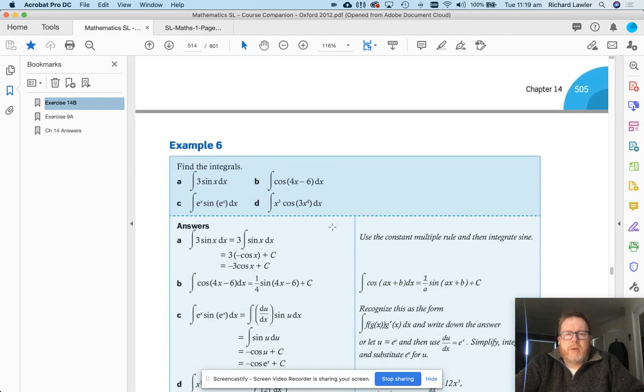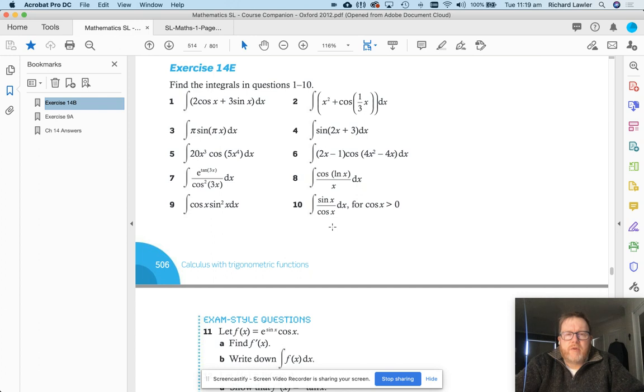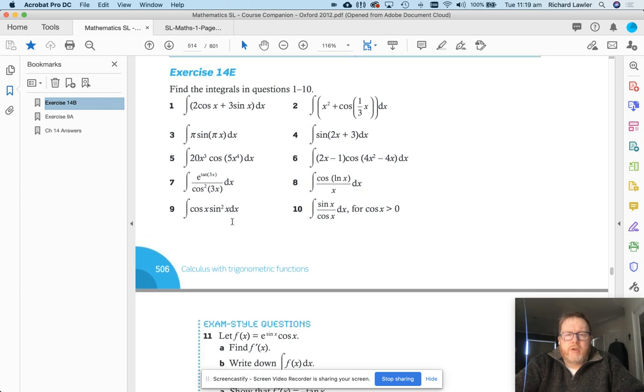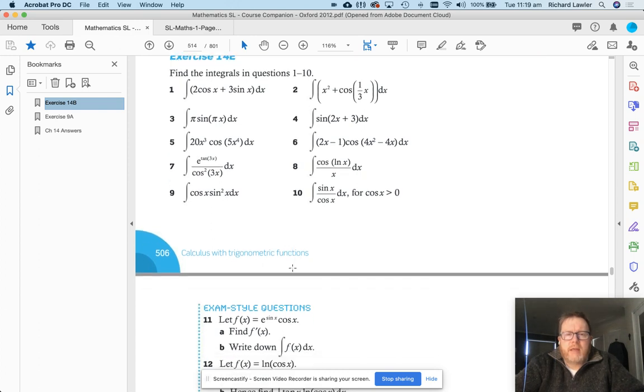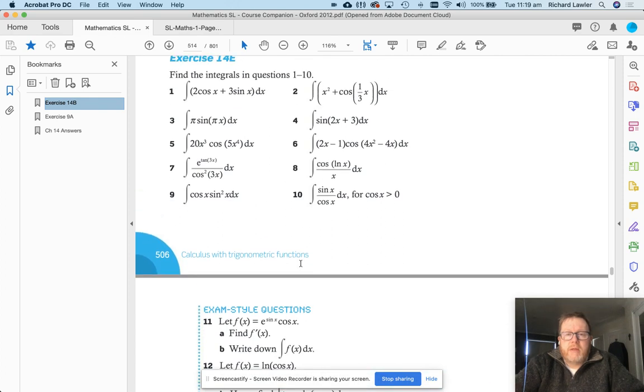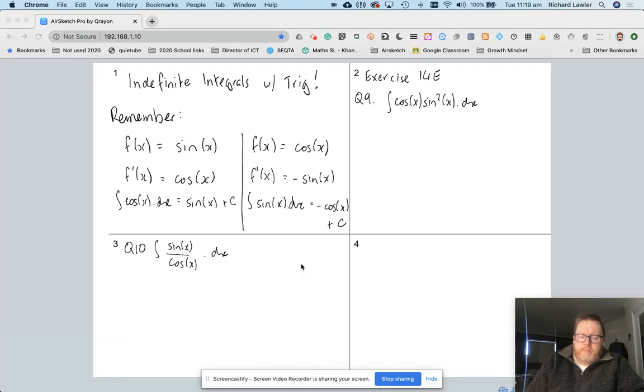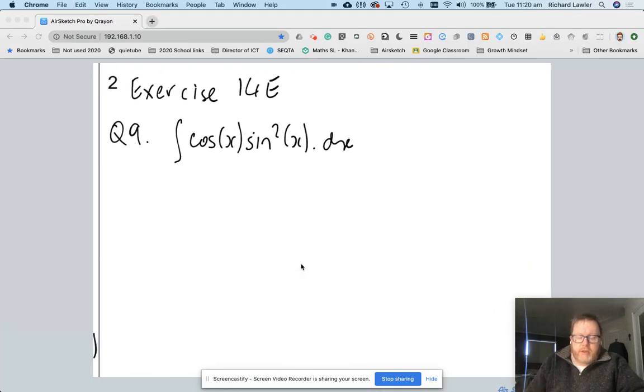But importantly, we're going to go down to exercise 14E, and I'm just going to go through question 9, question 10, and question 12. So back to the whiteboard. There it is there. Question 9. It's the integral of cosine x sine squared x dx.